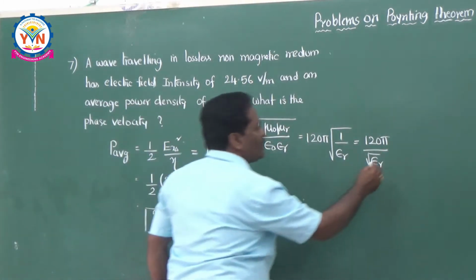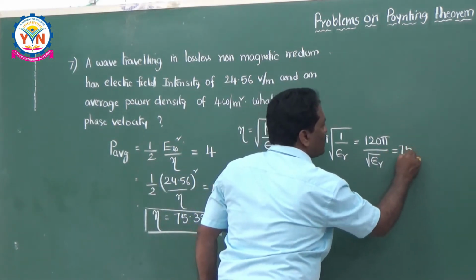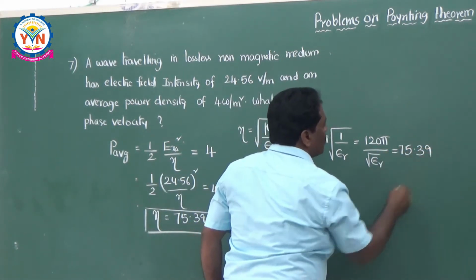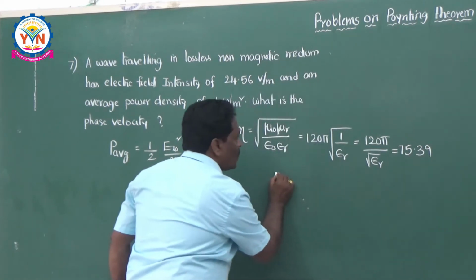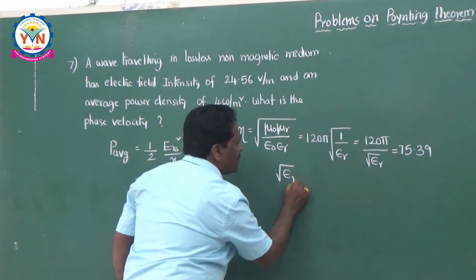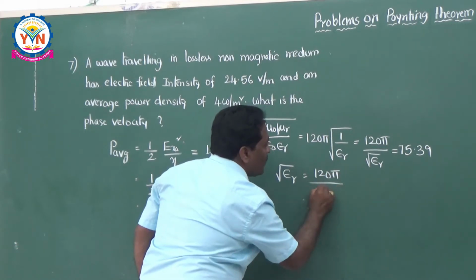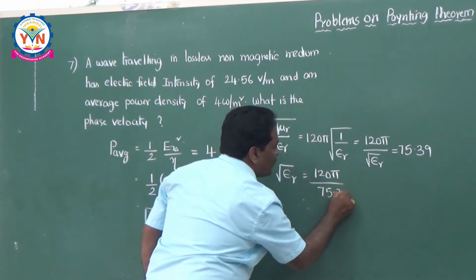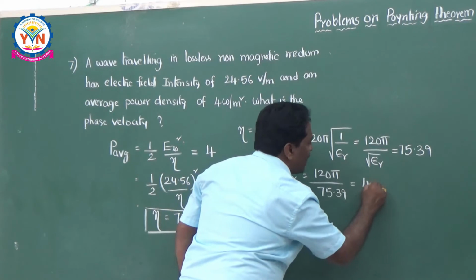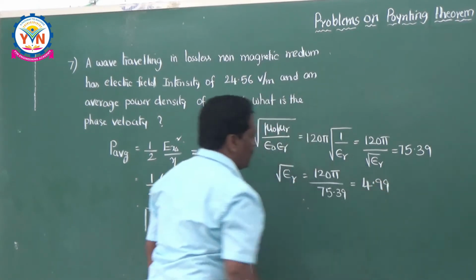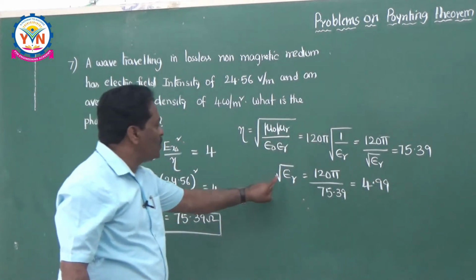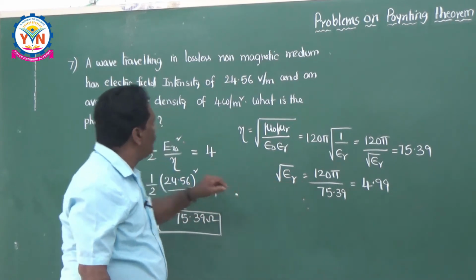So root epsilon r is equal to 120 pi by 75.39, that is equal to 4.99.